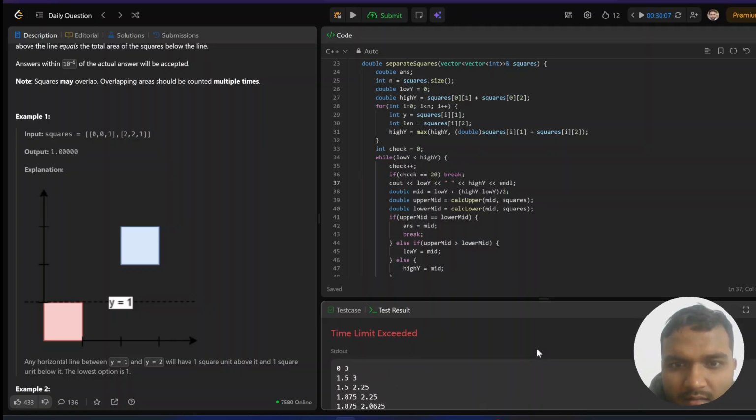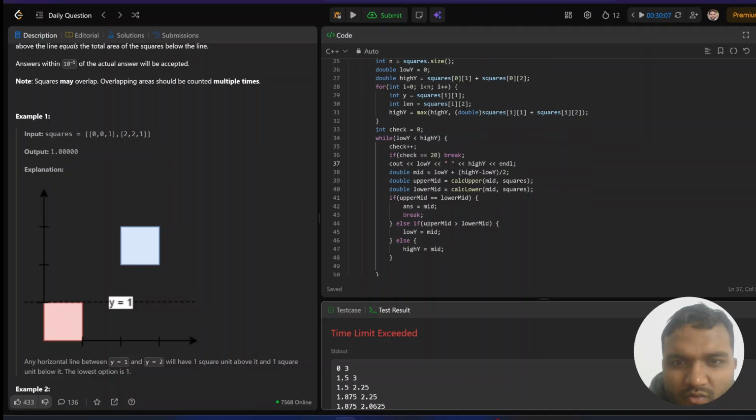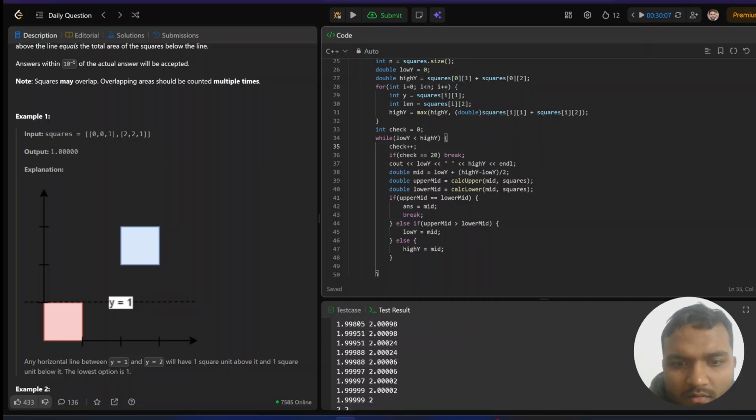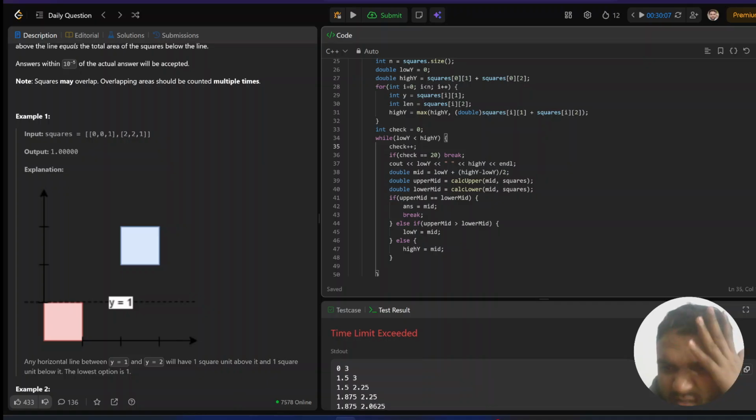Wait. Again clearly doing check plus plus, except when it becomes 20, then break the loop. Why is the loop not breaking out?